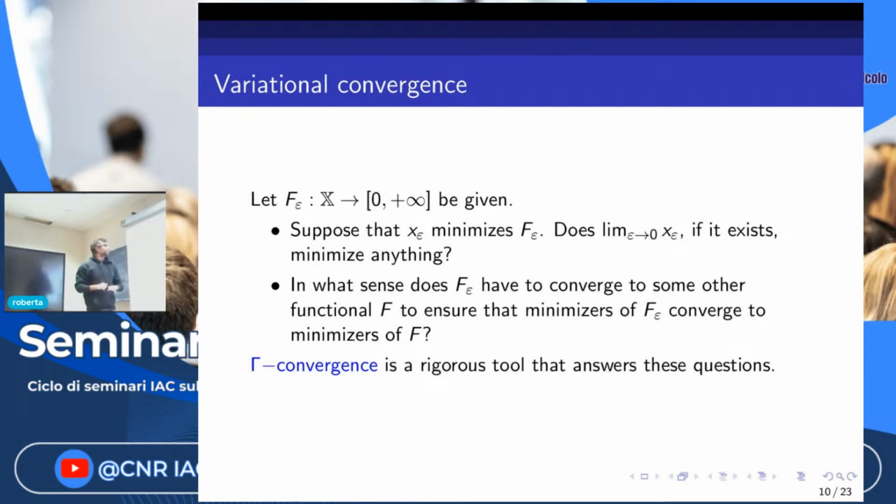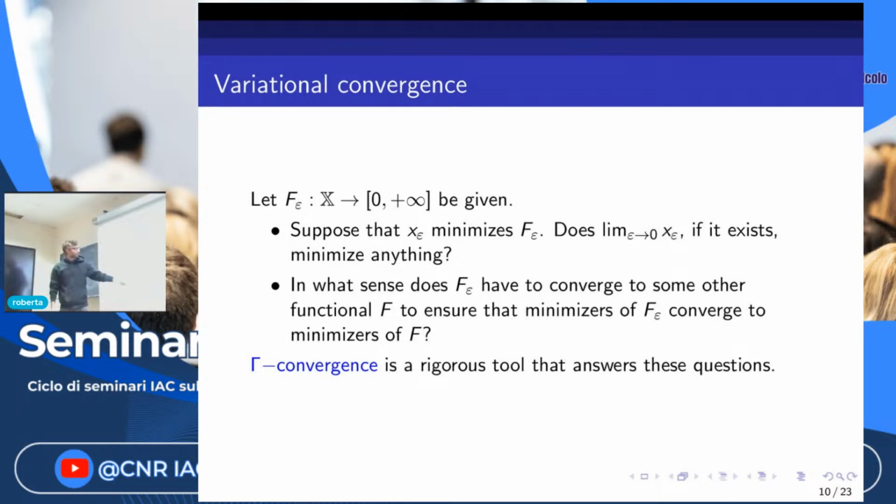If you're asking yourself, suppose you have a one-parameter family of functionals f epsilon in some space X, and you have a sequence of minimizers of f epsilon. Does the limit of these minimal points converge to anything? Does it minimize something, anything? And in what sense? So f epsilon should converge, for having this convergence of the minimizers of the f epsilon to the minimizer of this limiting energy functional f.